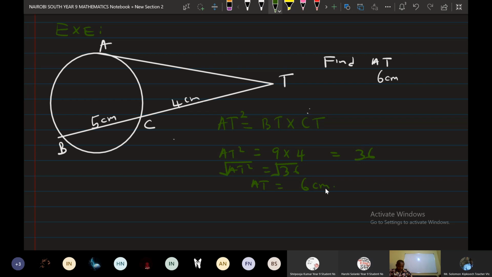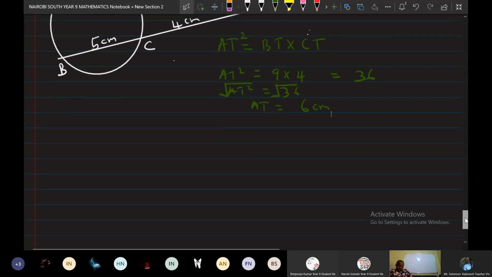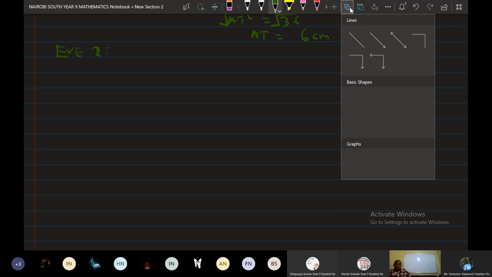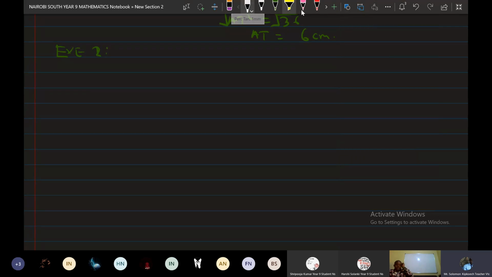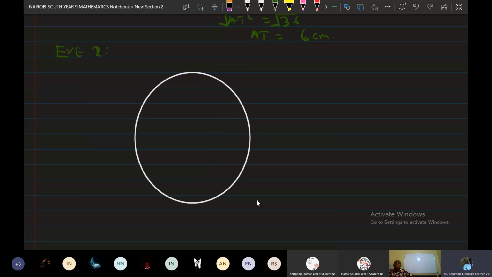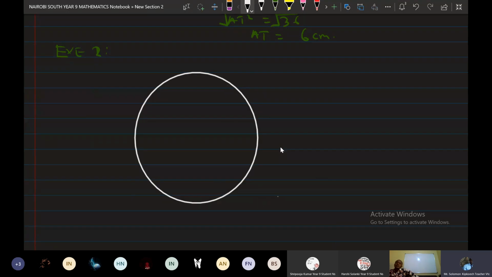Yeah, good. One more, but this one is a little bit tricky. It requires you to think. It's not even thinking, it's just easy. So exercise question 2. Let me take first of all that one. You have a circle, you draw it there. And then you have the line.